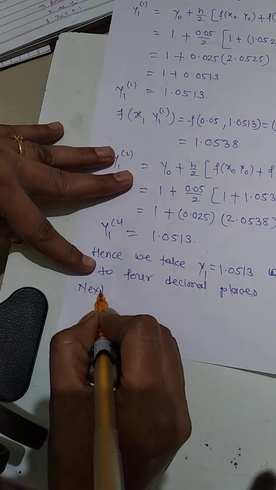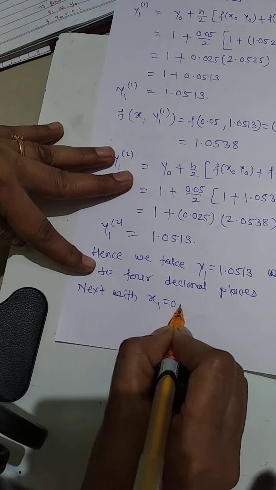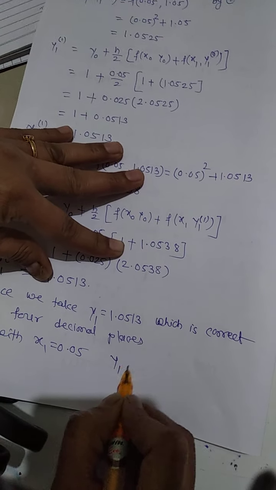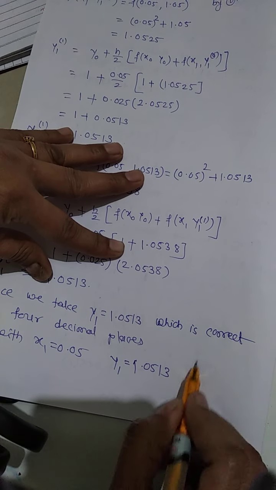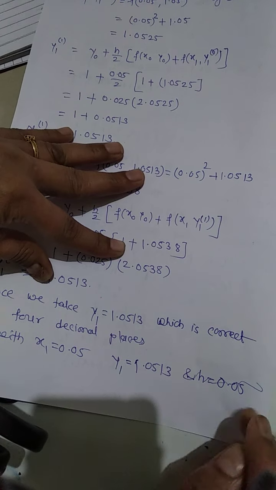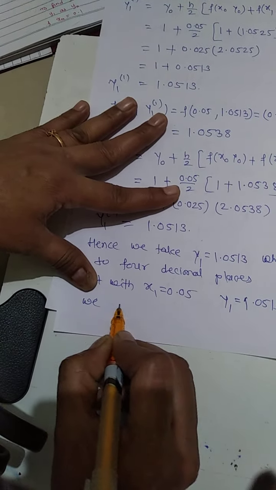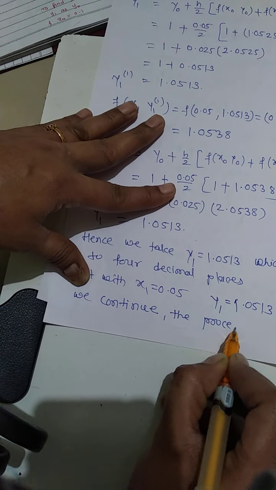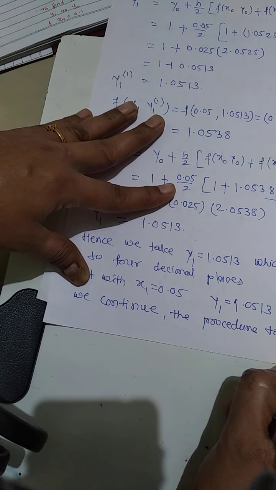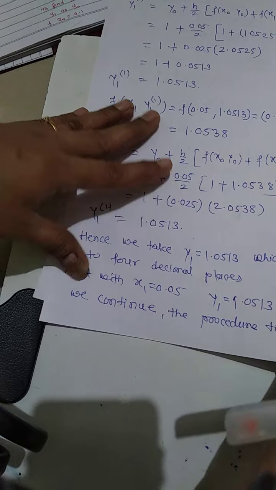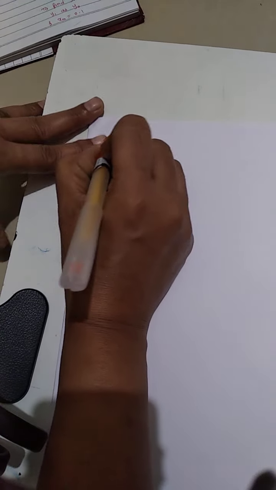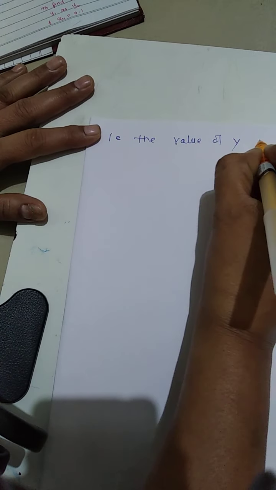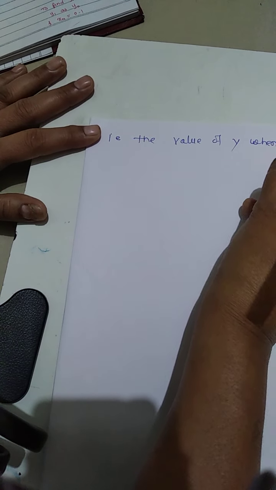Next, with x1 is equal to 0.05 and y1 is equal to 1.0513 and h is equal to 0.05, we continue the procedure to obtain y2, that is the value of y when x is equal to 0.1.